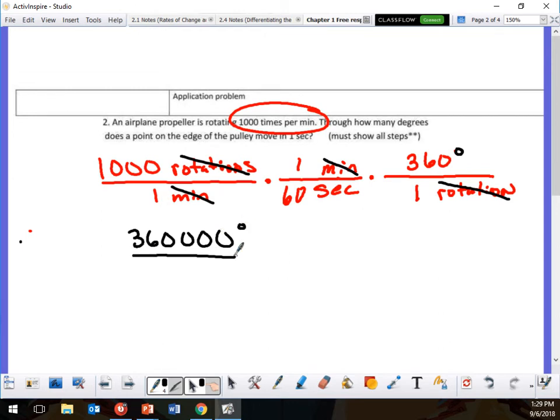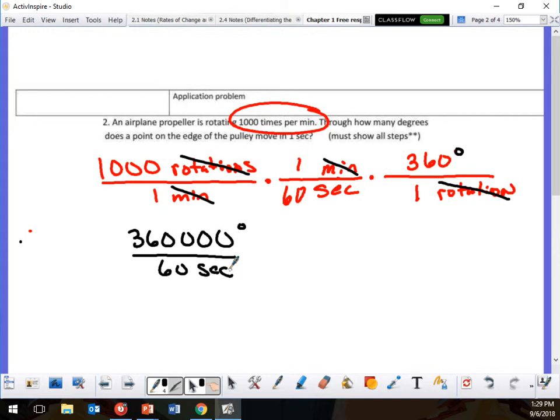Degrees over. Now we multiply the bottom out. So 1 times 60 times 1 is going to give me 60 seconds. So I have my units there also. Now I have to go through and do some reducing here, right? So asking how many it moves in 1 second, right?